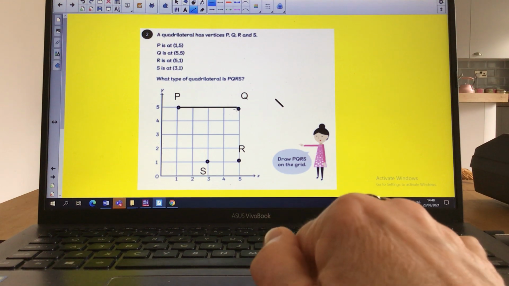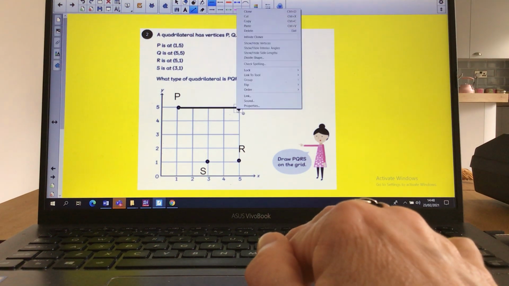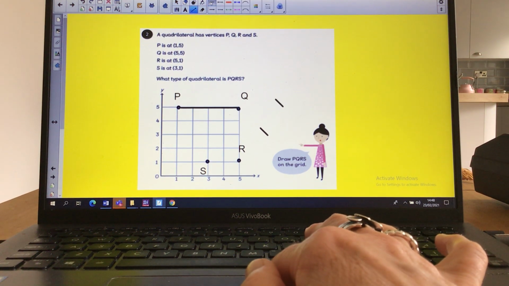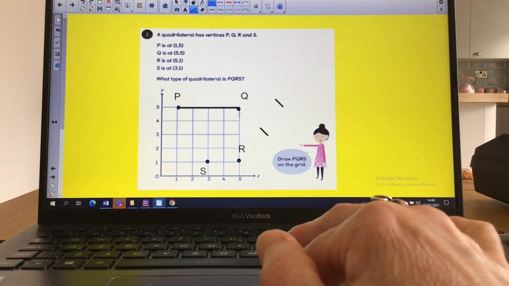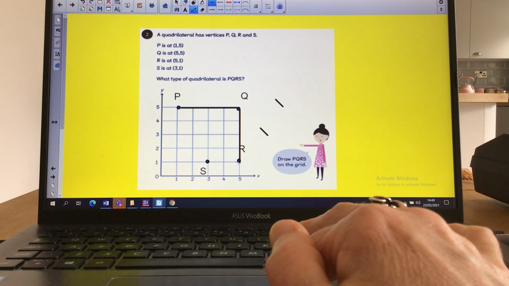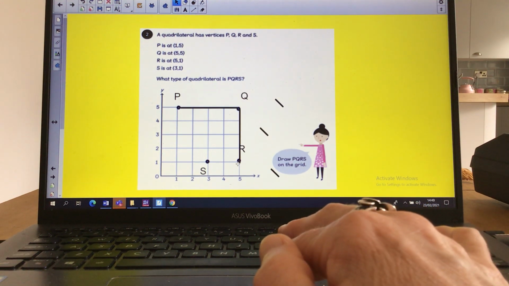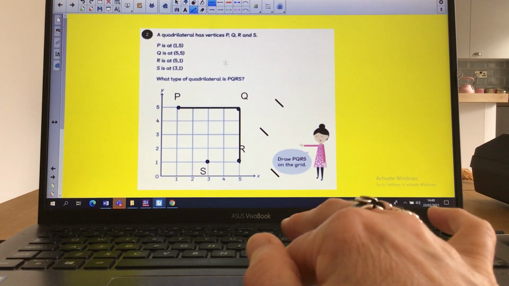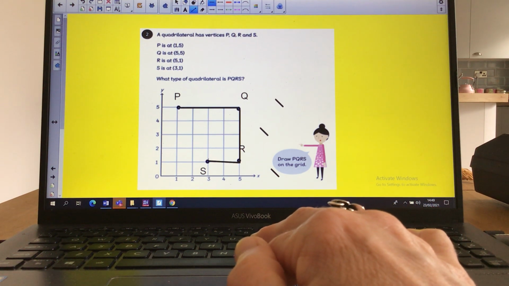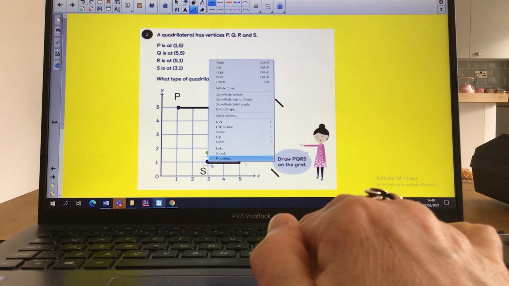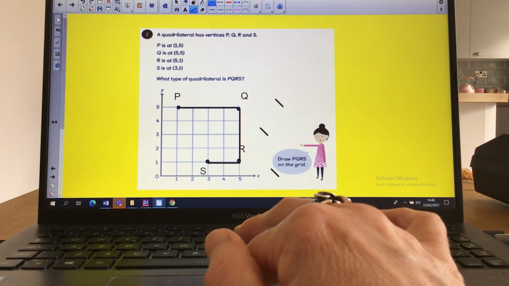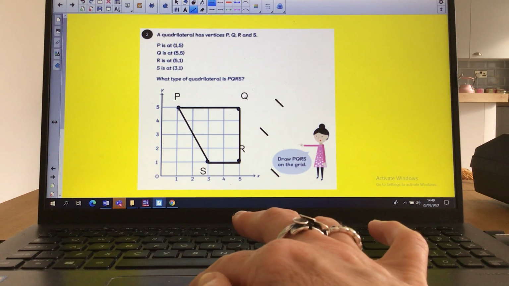P to Q. Join up to there, and then this one, it just keeps wanting to do that every single time, children, sorry. And then this final one, who can name the shape that I've created?